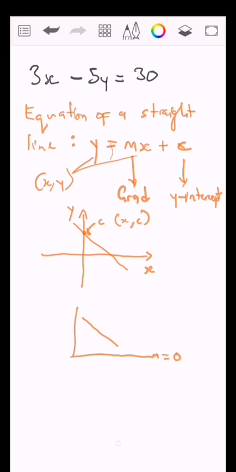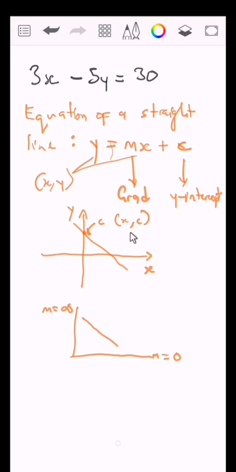That is where the gradient of 0 starts. A vertical line has a gradient of infinity. So the gradient of a horizontal line is 0, and the gradient of a vertical line is infinity.